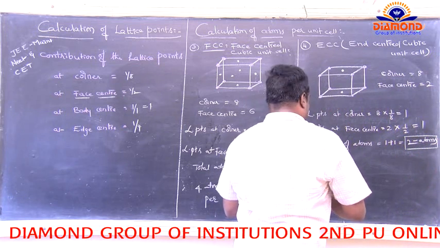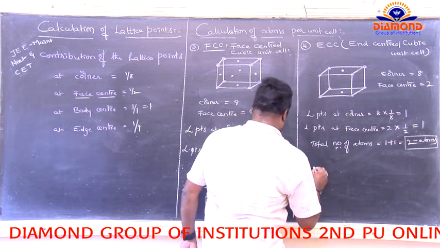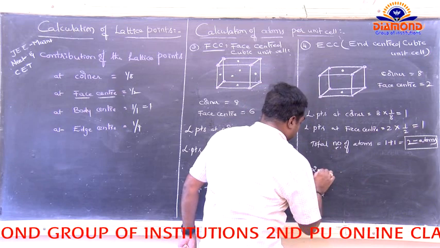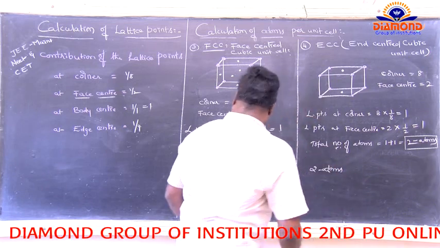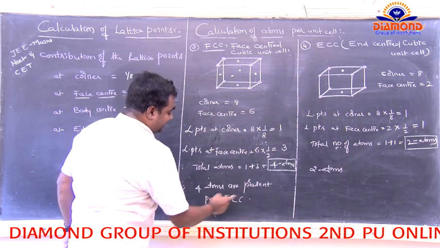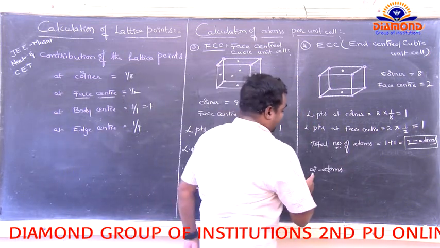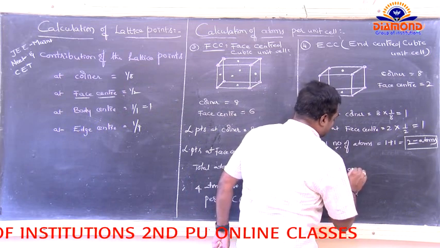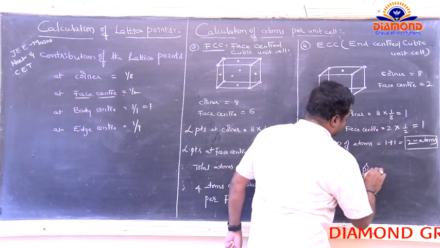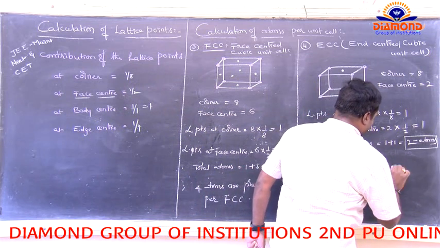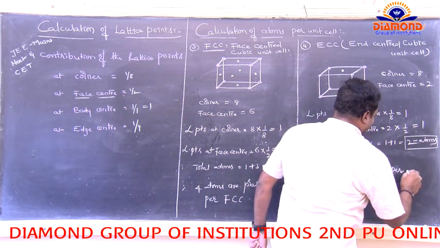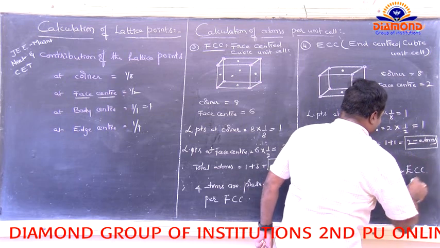So the 4 atoms are present for the FCC unit cell, and here 2 atoms are present for the end-centered cubic unit cell.